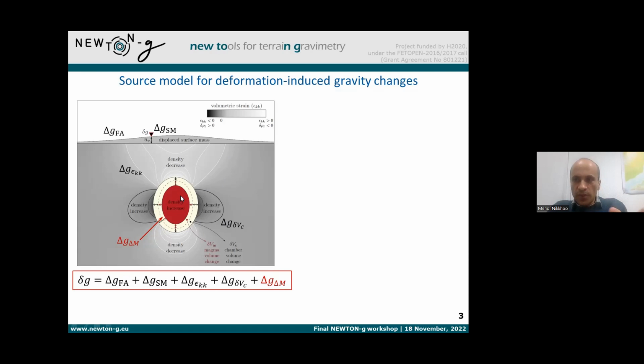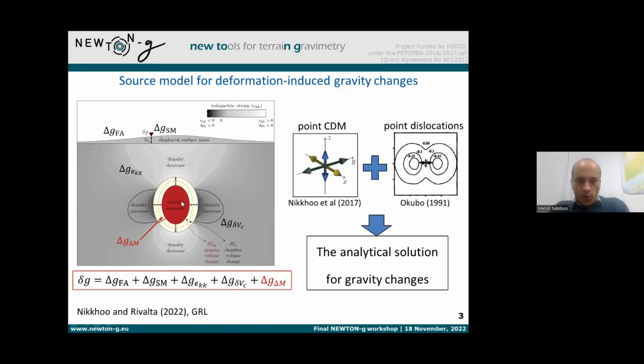This is due to the forces that are applied to the host rock by the pressurized magma chamber. And finally, delta G delta VC represents the contribution due to the volume change of the magma chamber.